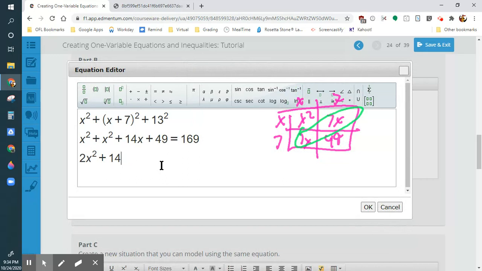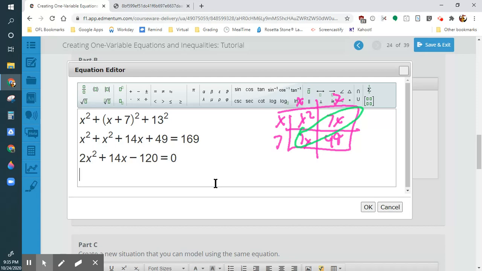So what we're going to do here is this is going to be x, and give me a second here. We're going to subtract. So we're going to get negative 129, oh, 120. 120 is equal to 0.